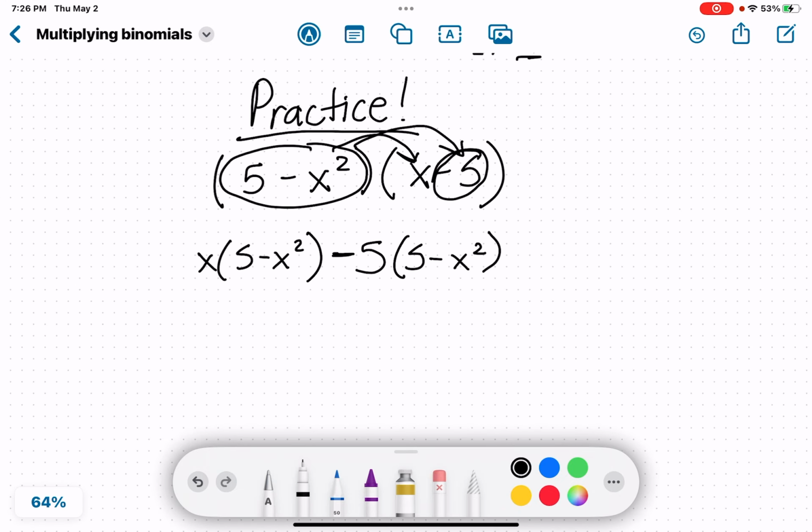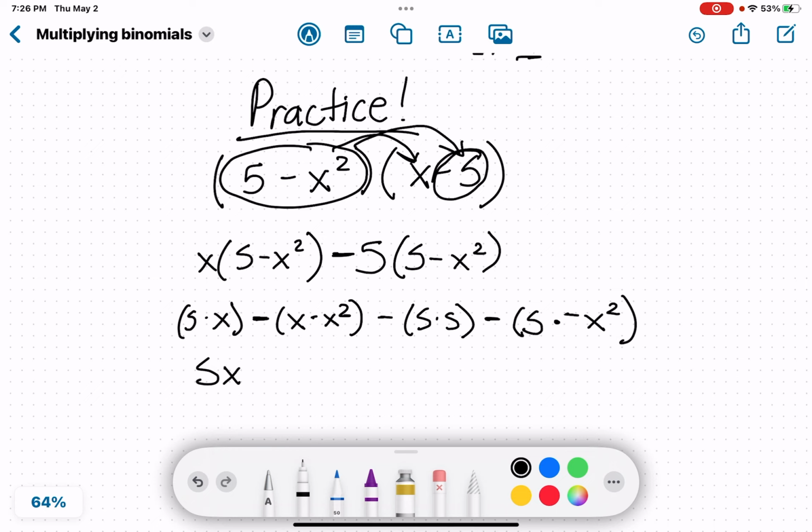And then from here, 5 times x minus x times x squared minus 5 times 5 minus 5 times negative x squared.